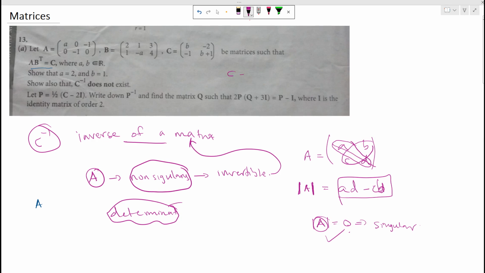So C can be written as 2, minus 1, and 3. Okay, now we have to just find out the determinant of C is equal to, just multiply this 2 by 3, minus 1 into 2. Okay, minus 1 into 2.